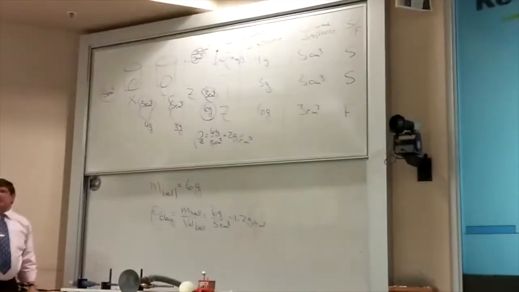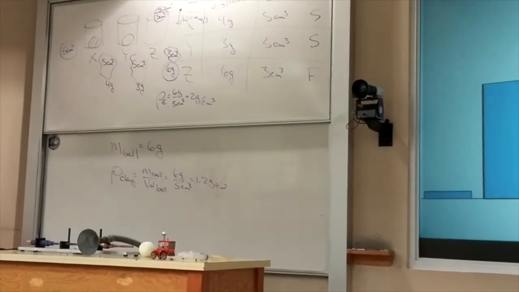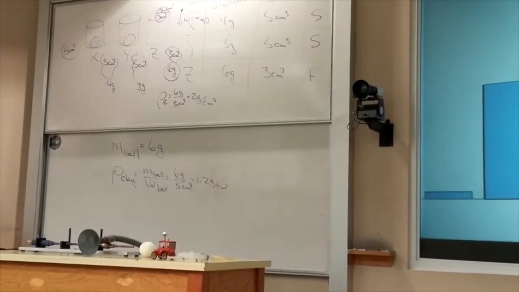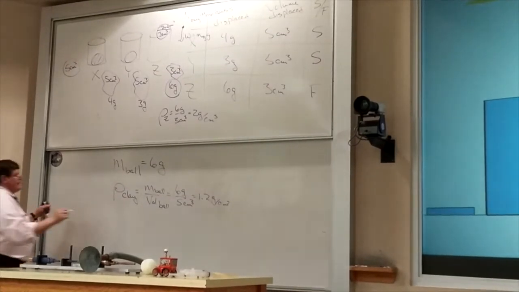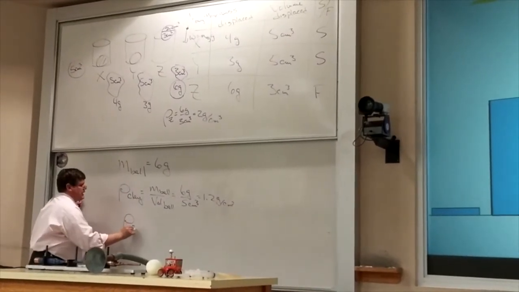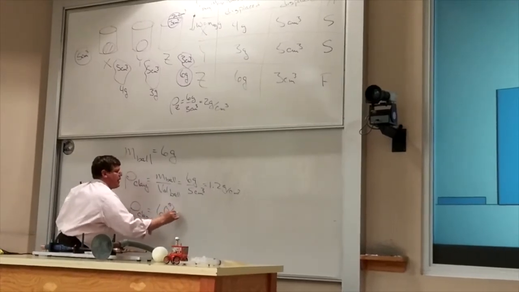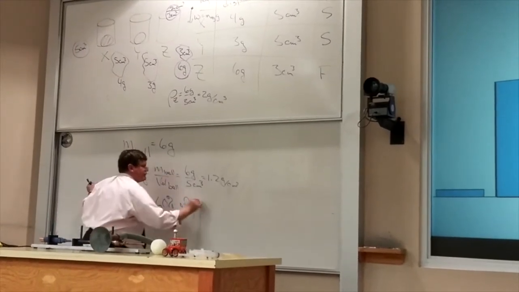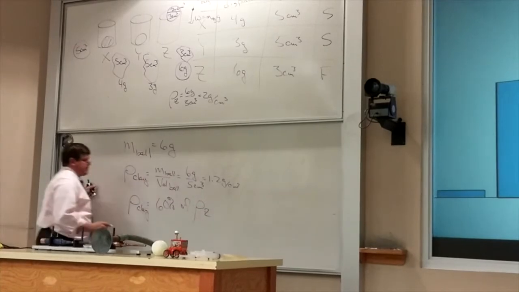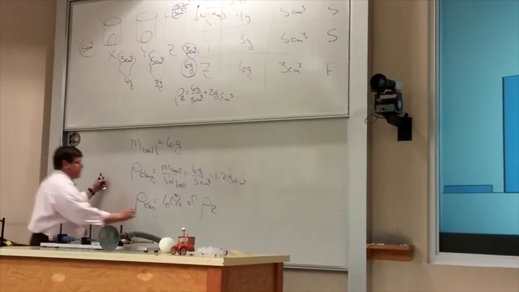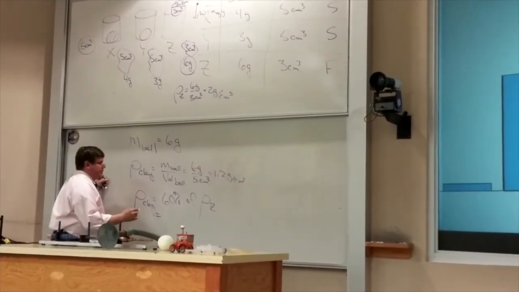If I look at that ball floating in liquid Z, I see that 60% of it is submerged. And so that tells me that the density of clay is going to be 60% of the density of Z. Now every time you see a percent, divide by 100.